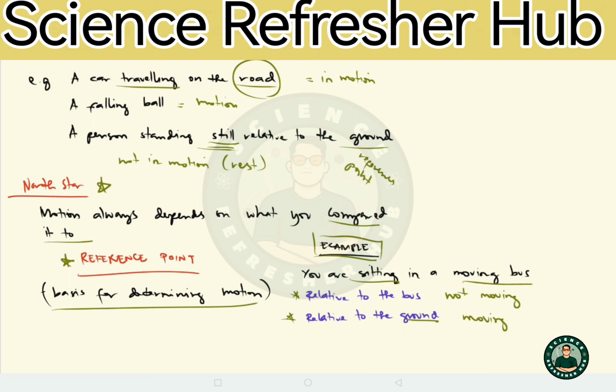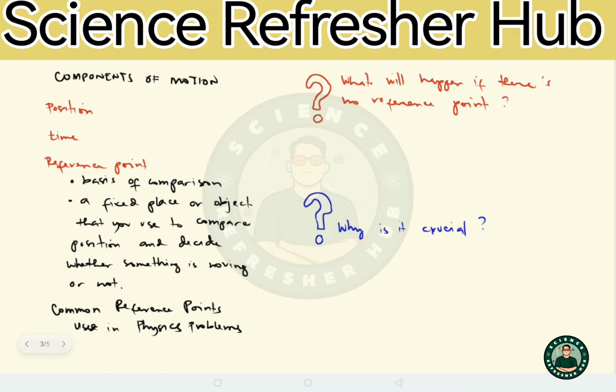Relative to the bus, you are sitting. Relative to the bus, you're not moving. You're just sitting there. Relative to the bus, that's the reference point. Relative to the ground, in a moving bus, your reference point is the ground itself. So you are moving along with a moving bus. So you are moving.